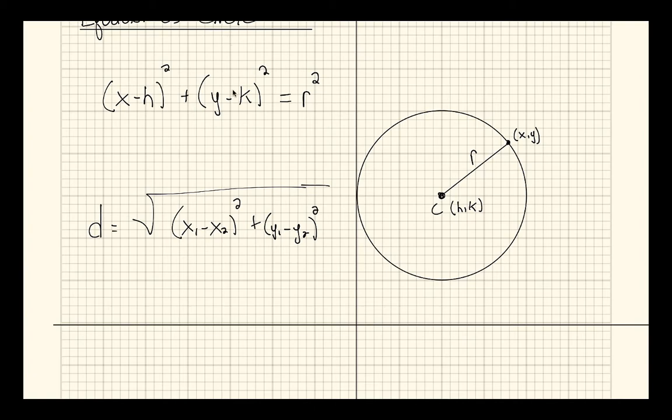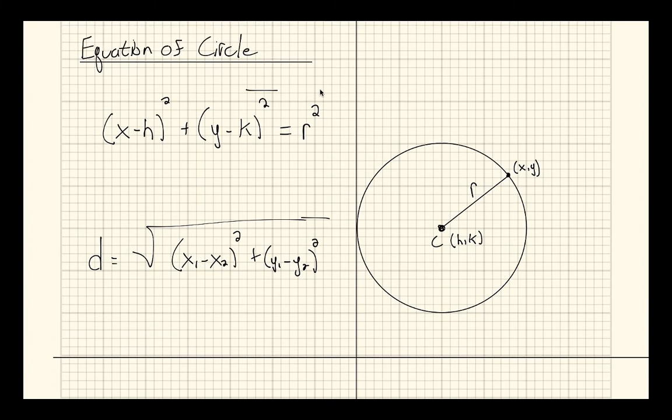If I solve this for r, square rooting both sides, it's the same equation, except d is replaced with r, and remember, r is a distance. So no matter where I put this x and y, this r is going to be the same. That's where this equation comes from. My center is at h, k, and my radius is r.